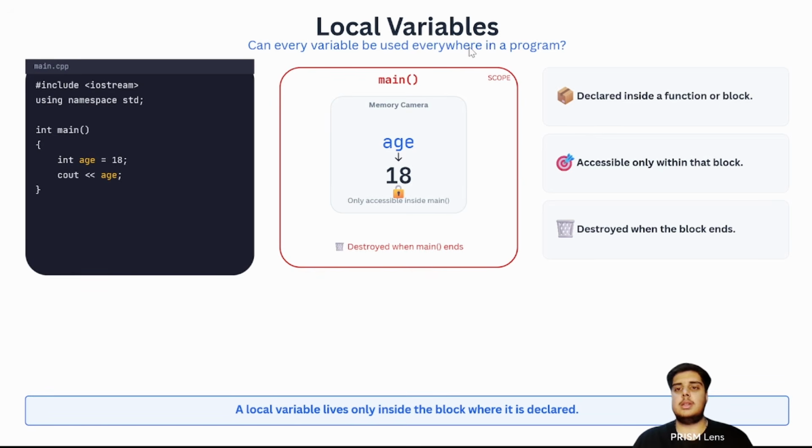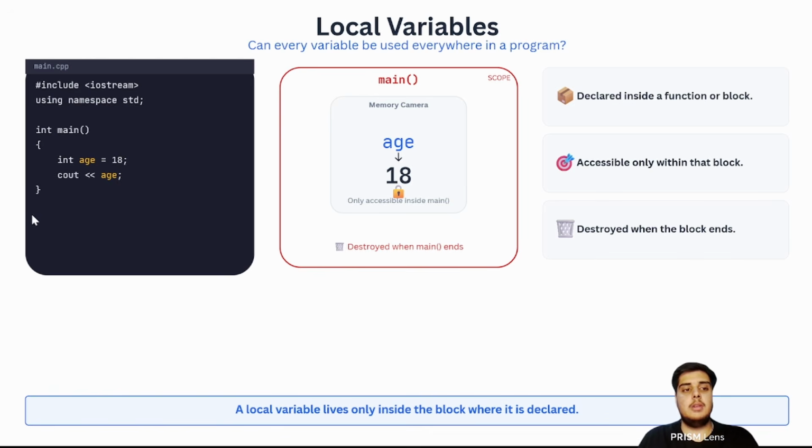Local variables. As you listen, global and local. Can every variable be used everywhere in a program? No. Here int age is declared inside int main, so it is a local variable. The age variable exists only in int main.